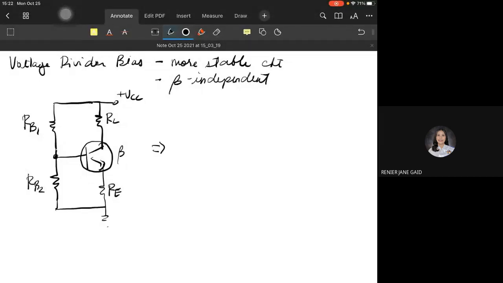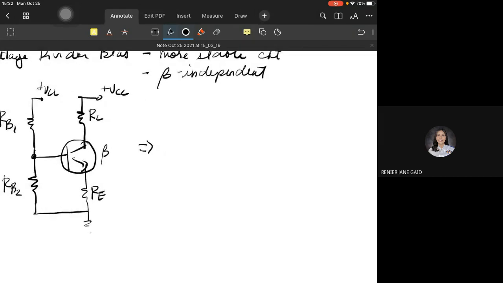I'll try to separate the two branches logically lang, as if nasa ilang own nga VCCs. Pero kung parehas lang is value, no, wala kaso. Yan na. So akong gibulag ang duha ka branch nga connect sa VCC and i-transform na ko ani. Dili pa ni technically matawag na equivalent circuit kay this is exactly the same circuit, redrawn lang.